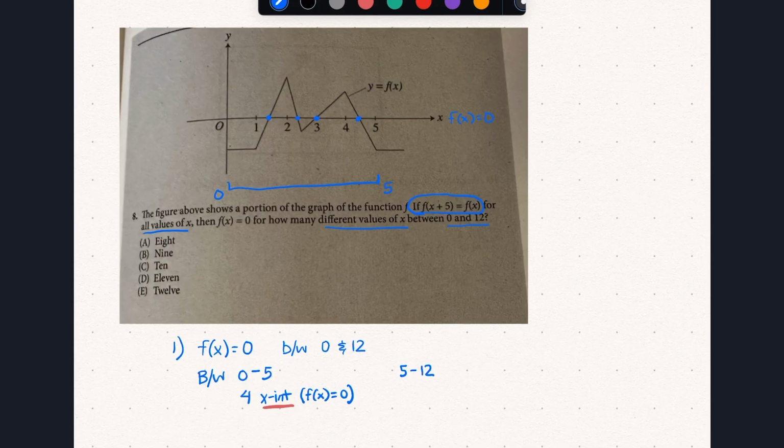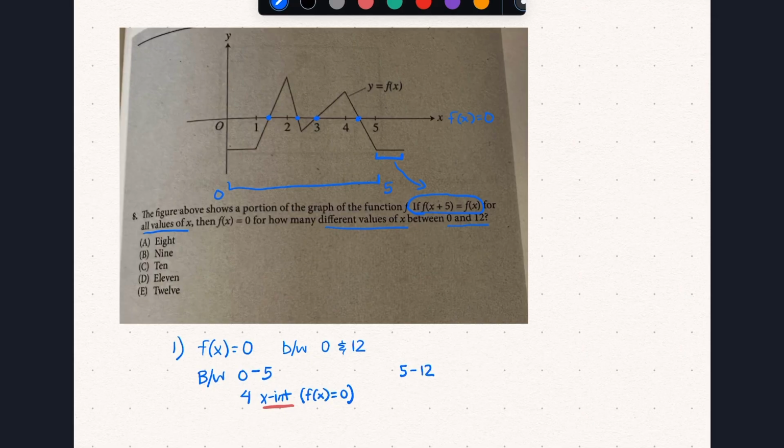It says, if f of x plus 5 equals f of x for all values of x, then how many x-intercepts do we have between 0 and 12? So if you notice here, they're starting to give us a clue and showing us basically what was stated in the question, which is after 5, the function starts repeating itself every 5 extra units.